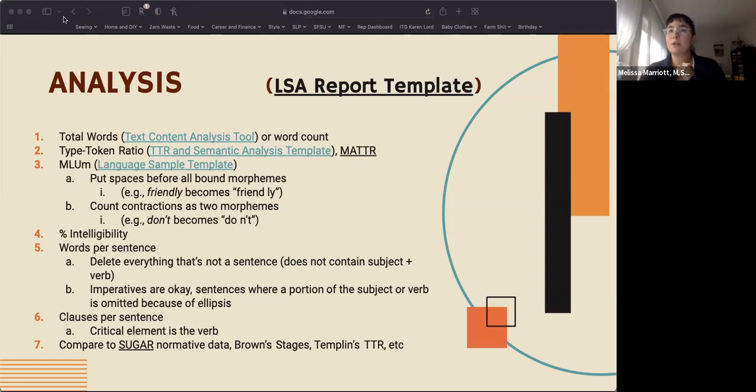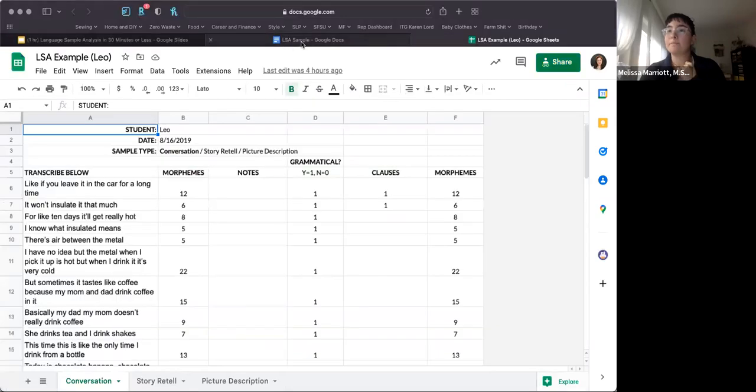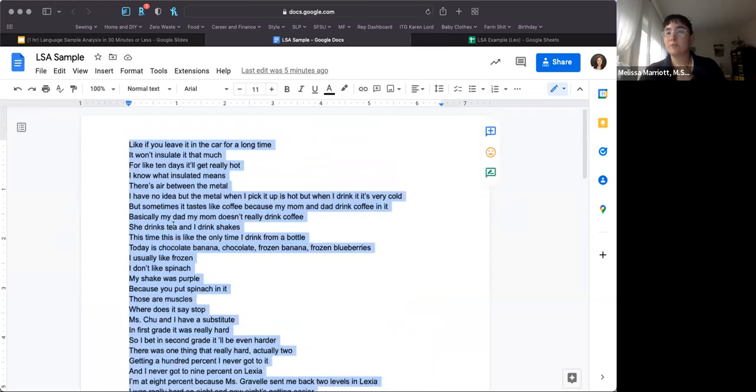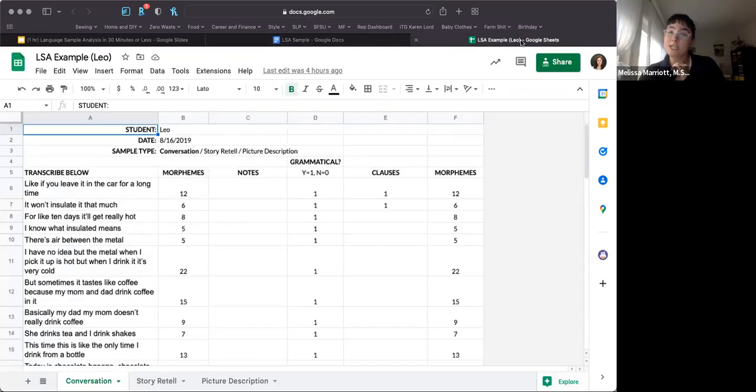And I'm going to drag these into here. Okay, so the next thing I'm going to do with this language sample, which I have already done, is copy and paste it into my language sample Google Sheet.